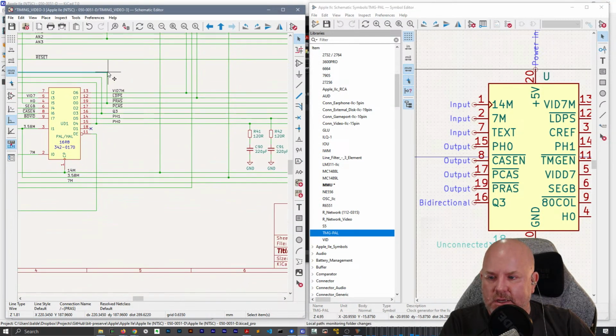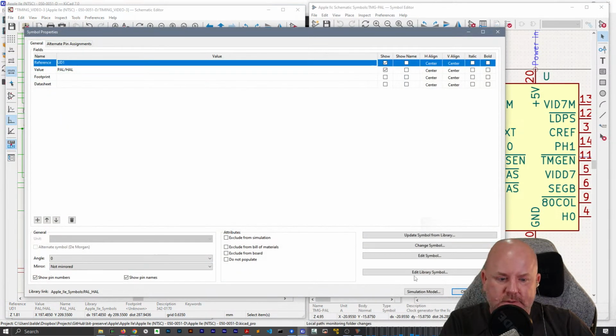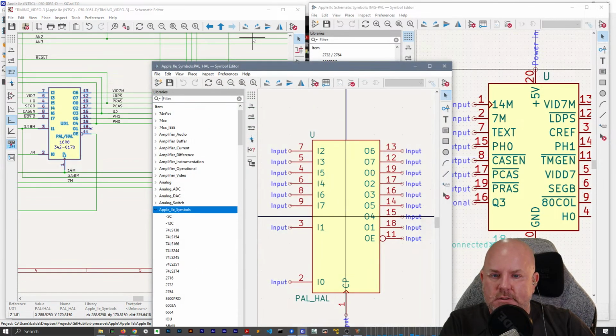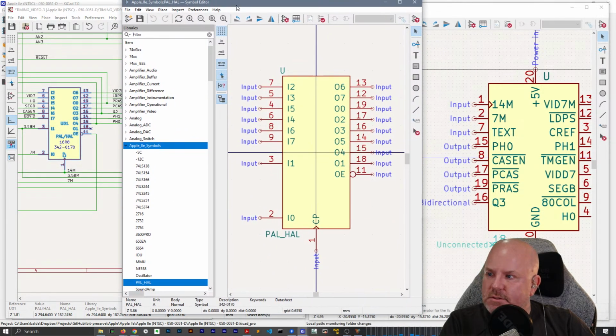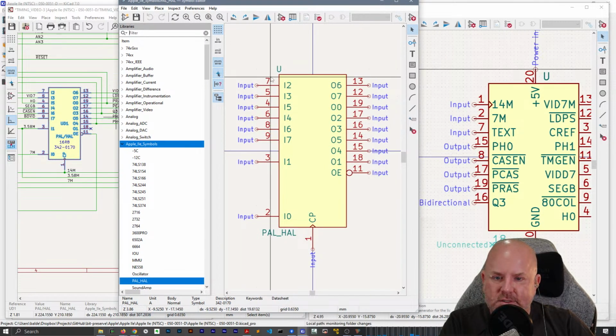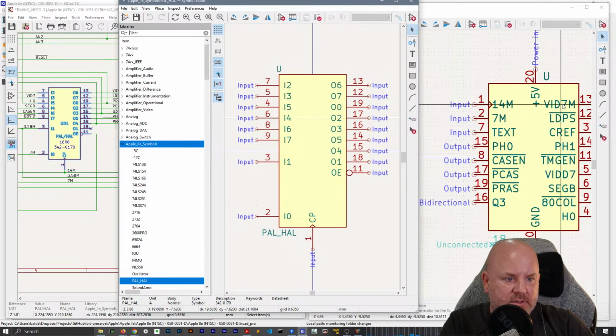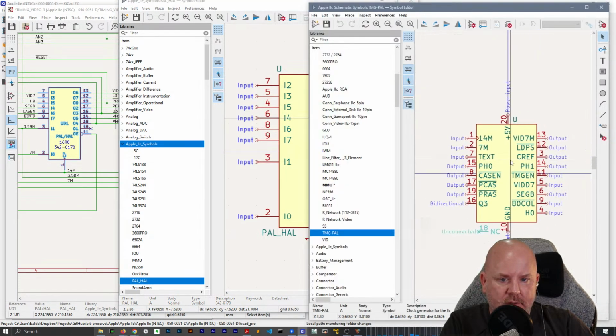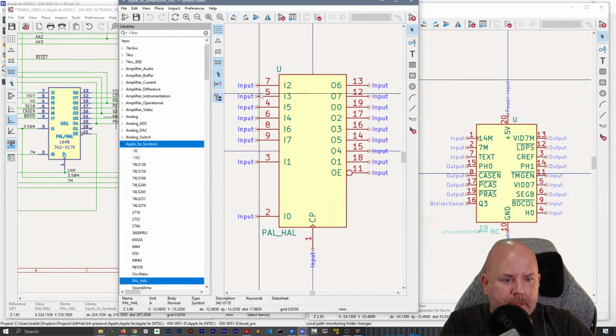I'm gonna move this over to here. I'm gonna open up this, and we're gonna do this as 3. So vid 7 goes to pin 5. Vid 7 over here is pin 13. Okay.